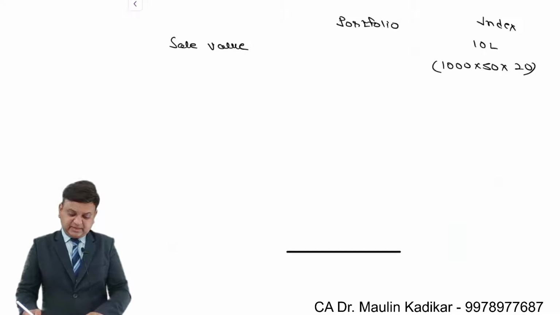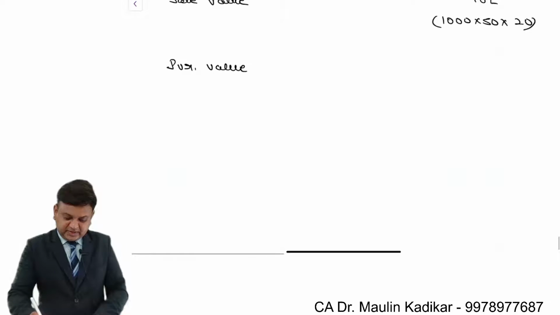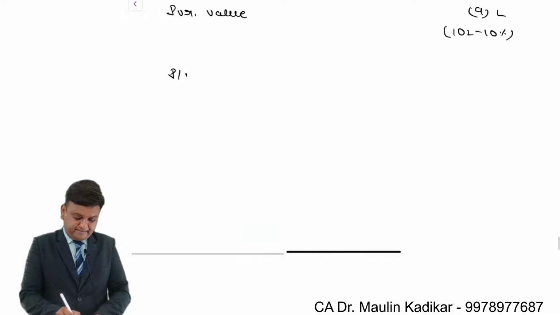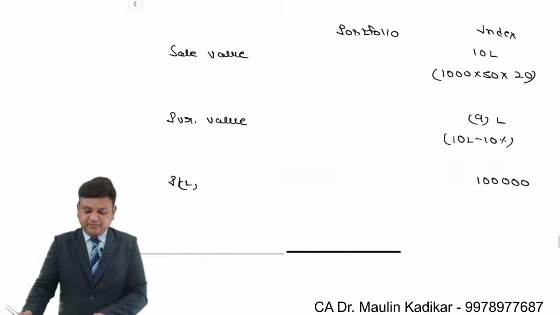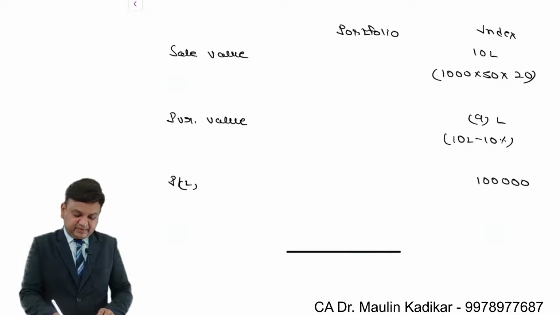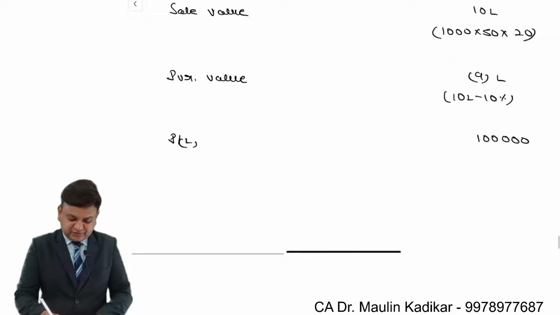There is a fall in the market. So purchase value, it is 10 lakhs minus 10 percentage. That comes to rupees 9 lakhs. So profit or loss, there is a profit of 1 lakh. Okay. This is in case of index. In case of the portfolio, what will happen? Let us see. The current value of the portfolio is 5 lakhs.